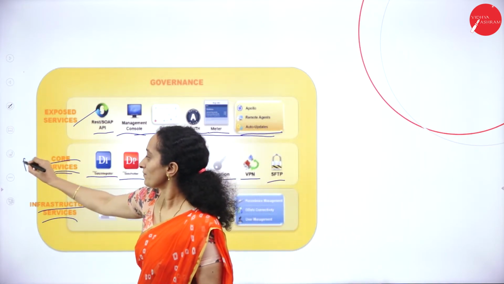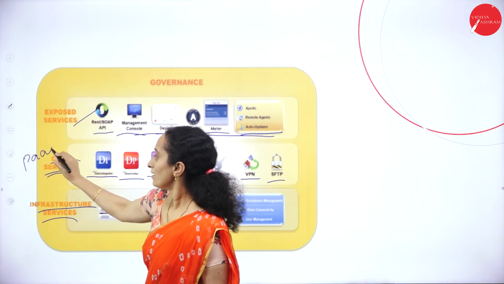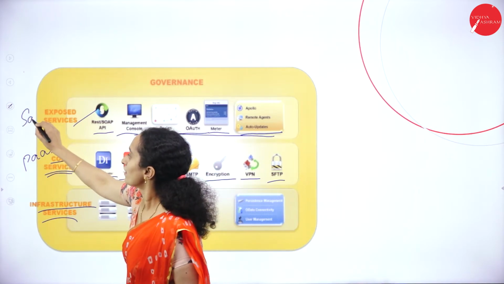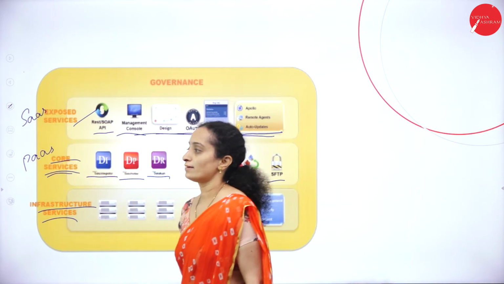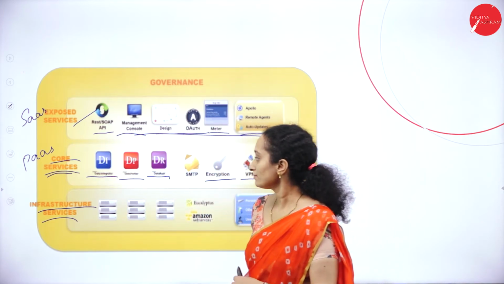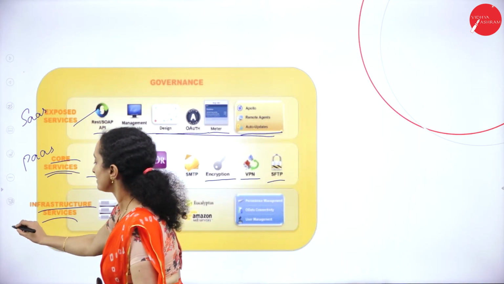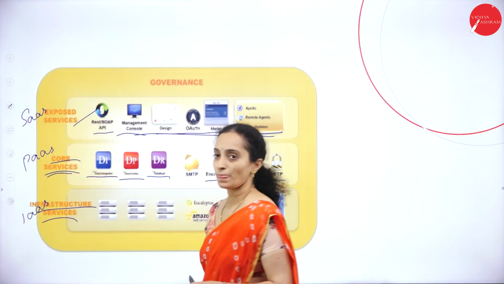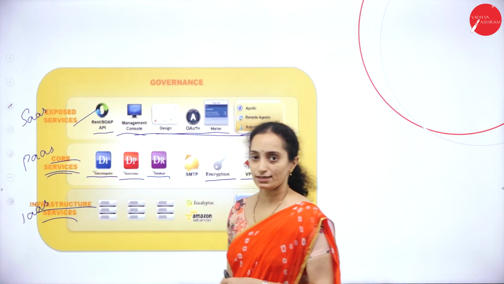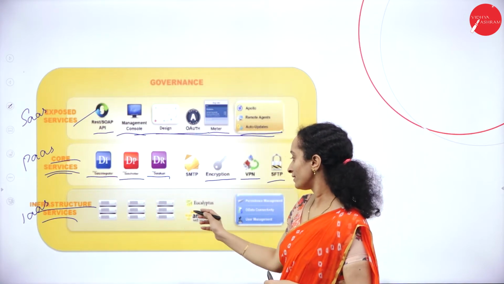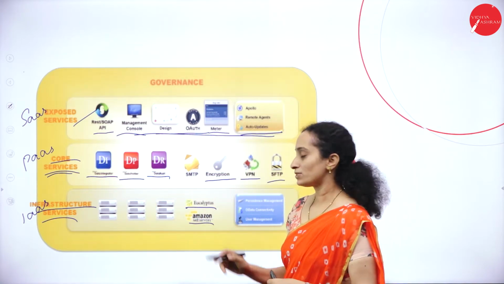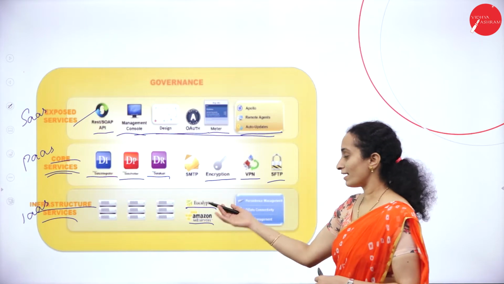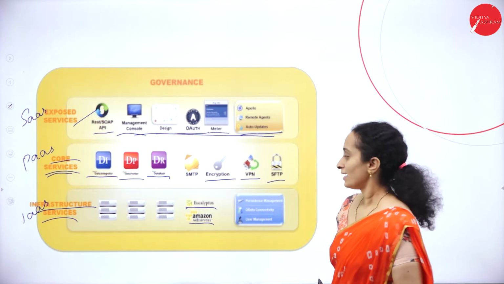This is what you call PaaS. These are SaaS and this is IaaS. So we have infrastructure services providing the hardware. Amazon Web Services is an example of IaaS.